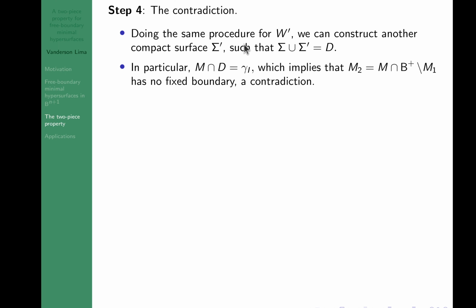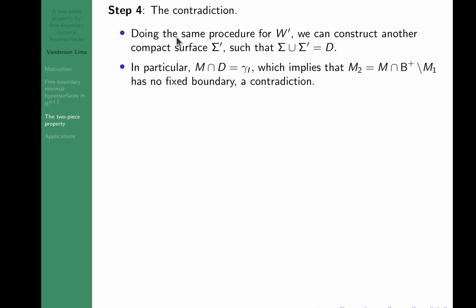In particular, the intersection of M with D is just my fixed boundary of the problem I was considering. So this implies that the other components of M minus the disk have no fixed boundary, and this is a contradiction.